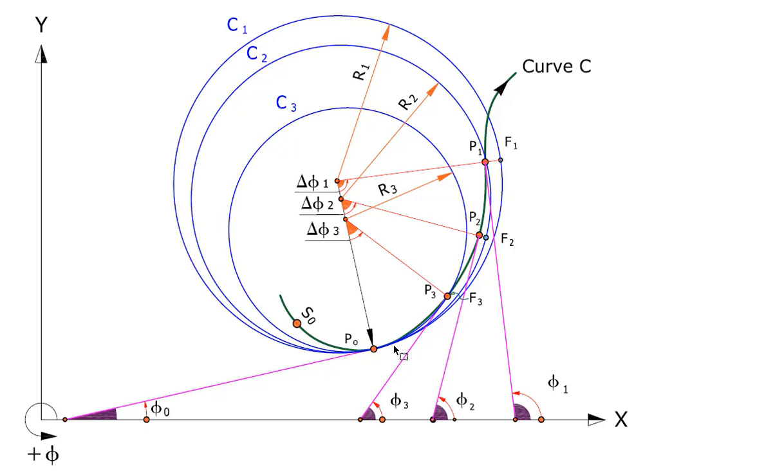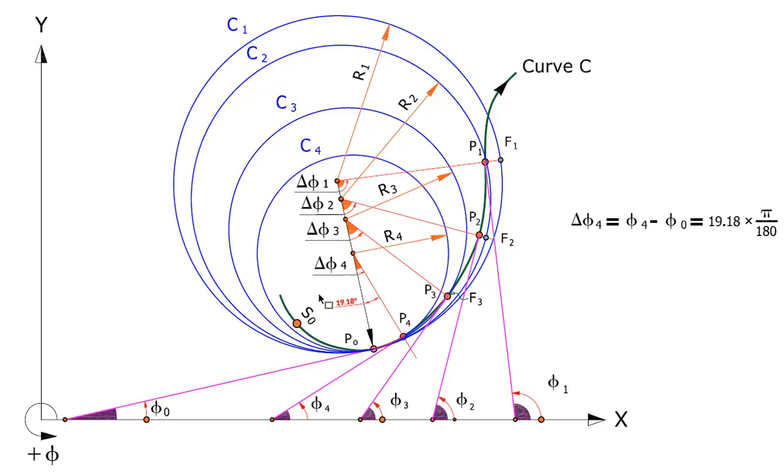Again we choose a point closer to point P0, and that is P4. We draw the tangent and the perpendicular. Now we have the new center of the circle C4. We have the central angle equal to 19.18, and we draw this circle which has this center here passing from point P0, and we find that points P4 and F4 are getting even closer to each other.